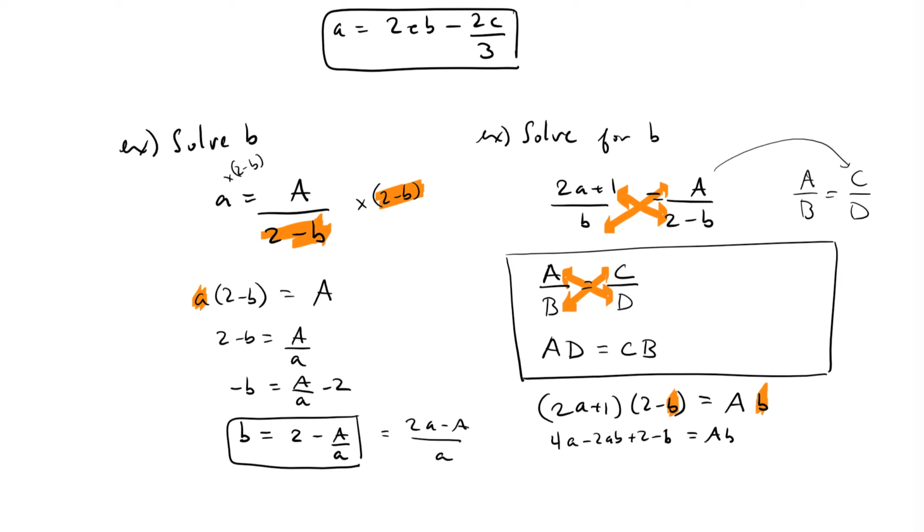And now look, I'm going to be sending all those terms on the other side so that now all my b's are on the same side. Of course, the sign is changing as you send them. After that, I have b that's common to all of them, which means I can factor that b.